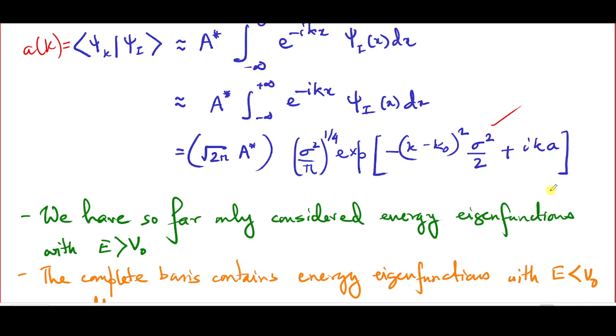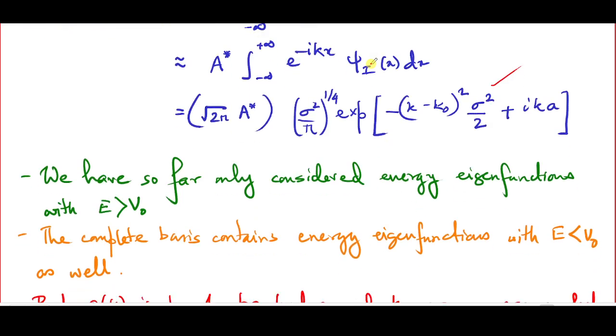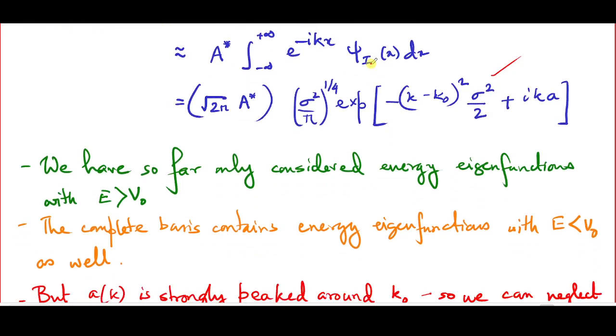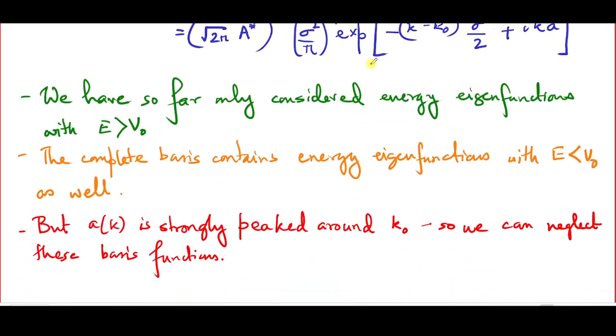And by the same argument that we had used to say that the reflected wave, which is essentially the Fourier component at minus k, is negligibly small, that argument can also be used to show that you will not expect contributions from these eigenstates with energy E less than V0 to a significant extent. So what we can always do is ignore such energy eigenfunctions and work only with energy eigenfunctions for E greater than V0, which is what we have done so far.